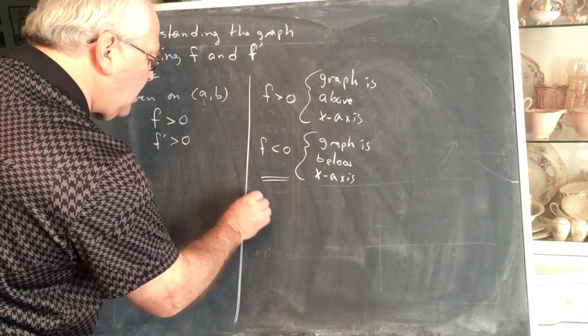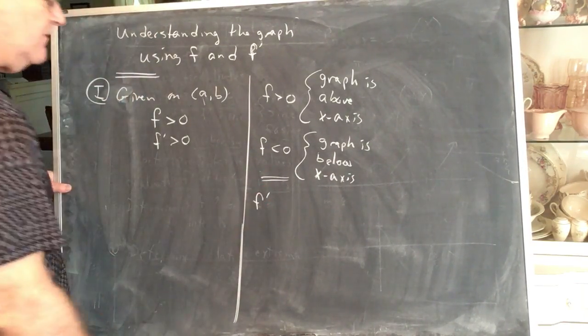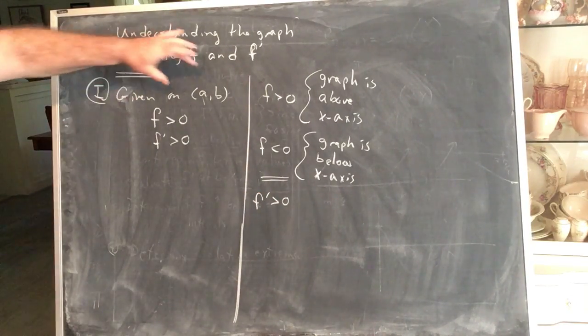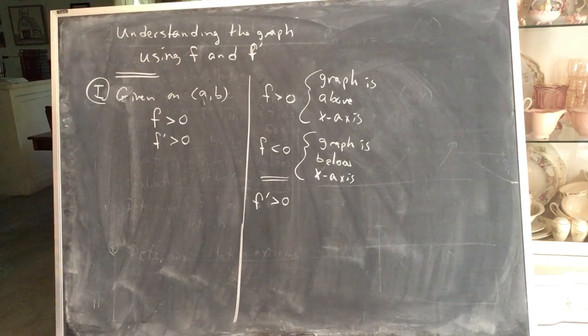Now, suppose we know that the derivative is greater than 0 on the entire interval a to b. Well, we know that if the derivative is greater than 0, that means the function is increasing on the entire interval.